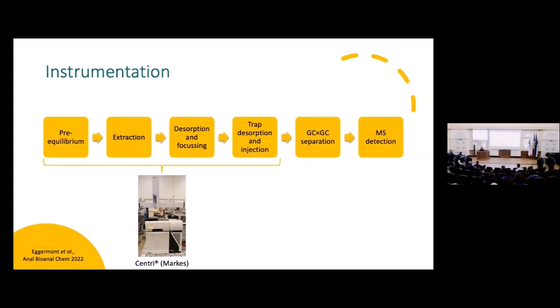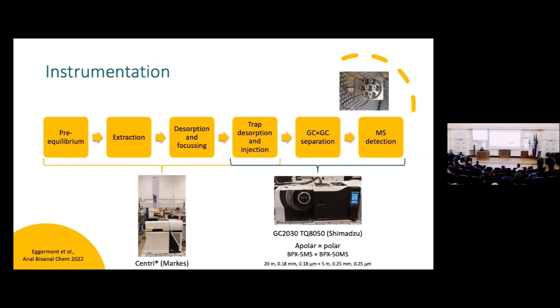After the sample preparation, we have the GC×GC separation. We used a normal set of apolar-polar columns with a Shimadzu triple quad instrument with a reverse fill/flush flow modulator.